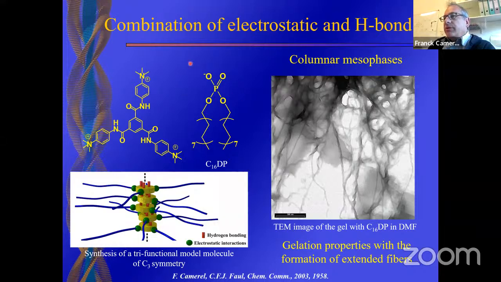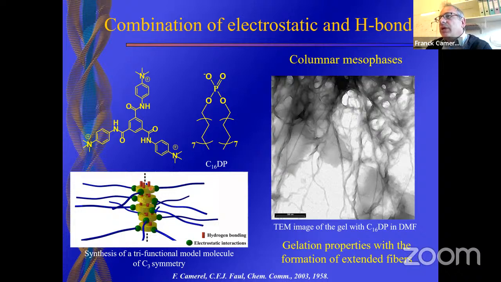So as you have seen, you can use hydrogen bondings to form the gels. You can also use metal-metal interaction, but you can also use electrostatic interaction. This is another example. Here the gelling agent was constructed by using electrostatic interaction between the solubilizing part and the rigid part containing hydrogen bondings.